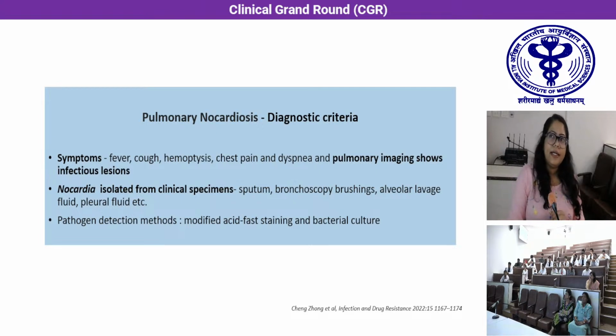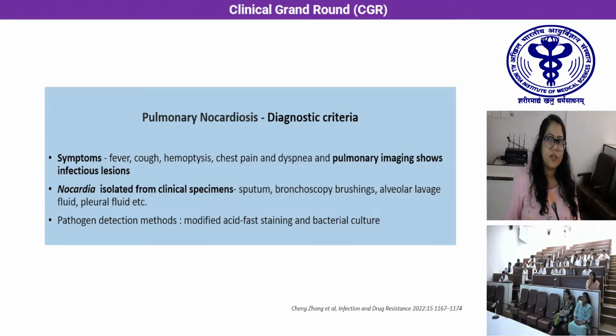The diagnostic criteria for pulmonary nocardiosis include non-specific signs and symptoms like fever, cough, hemoptysis, or chest pain, pulmonary imaging which shows an infectious lesion, and isolation of Nocardia from clinical specimens such as sputum, bronchoalveolar lavage, or pleural fluid.